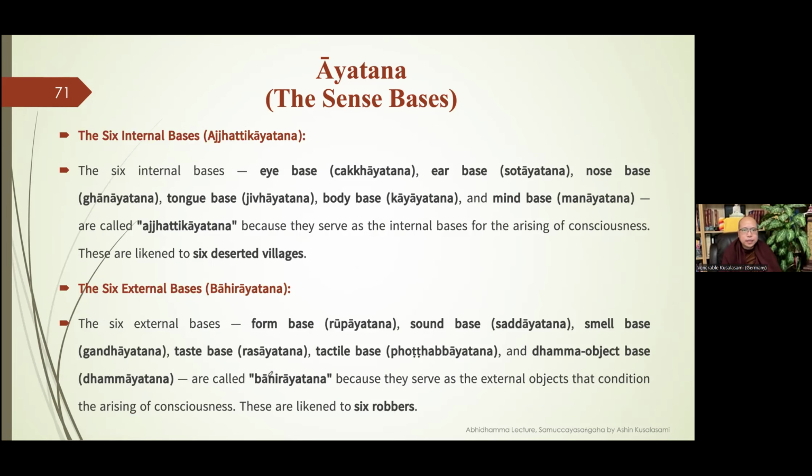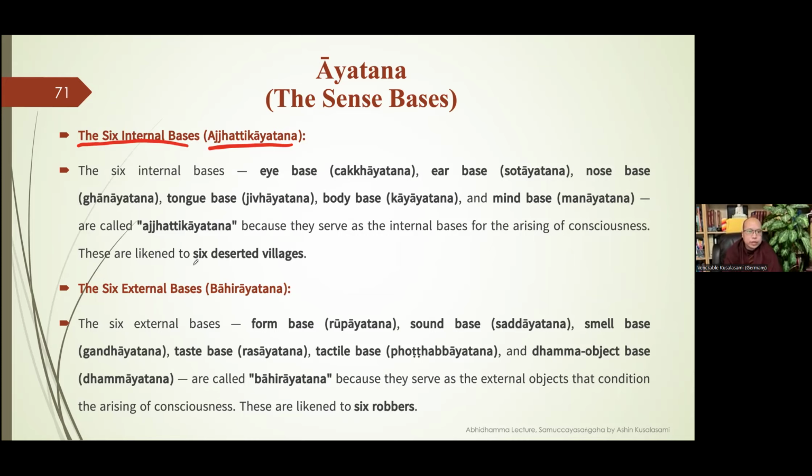To understand the āyatana more, there are two divisions. The first is the six internal bases, ajjhattika āyatana: eye base, ear base, nose base, tongue base, body base, and mind base. They are called internal because they serve as the internal basis for the arising of consciousness.